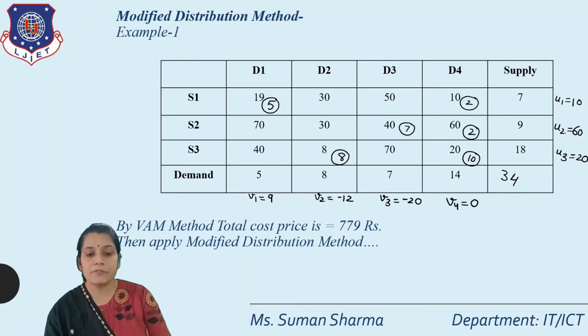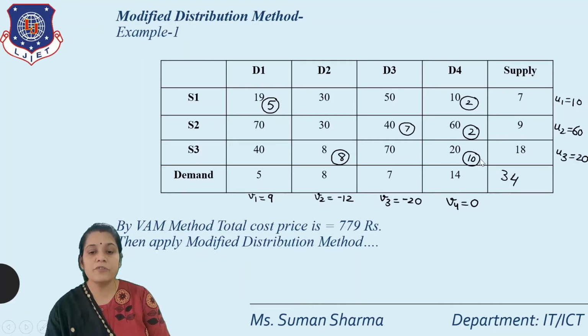Because we find only the optimum solution, the feasible solution we already have with the help of the Vogel's approximation method. The total allocations are 19, 5, 10, 2, 14, 7, 16, 2, 8, 8 and 20, 10.